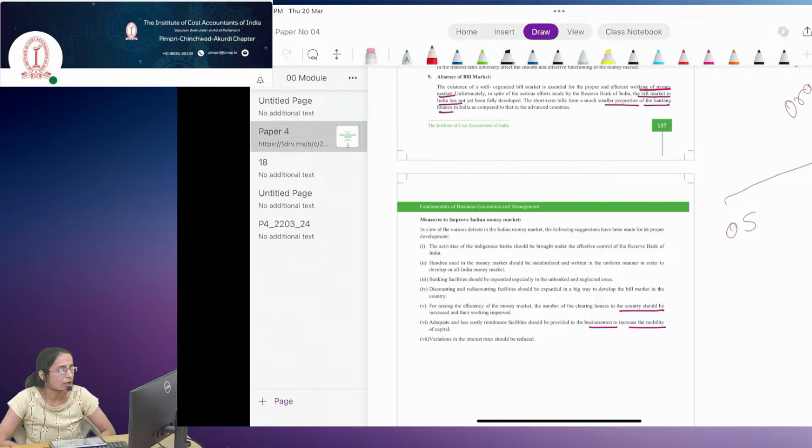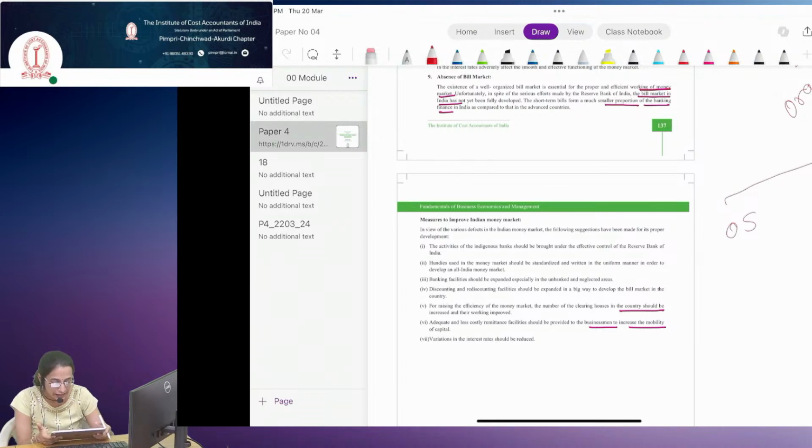So in this scenario, we should develop the bill market in India. In turn, the money market will grow, because, as we saw previously, for an efficient functioning of the money market, the bill market must be well developed in that country. So we should develop our bill market so that the money market will grow.